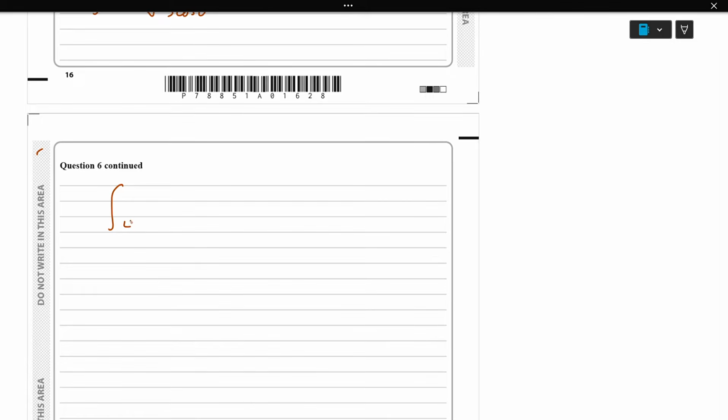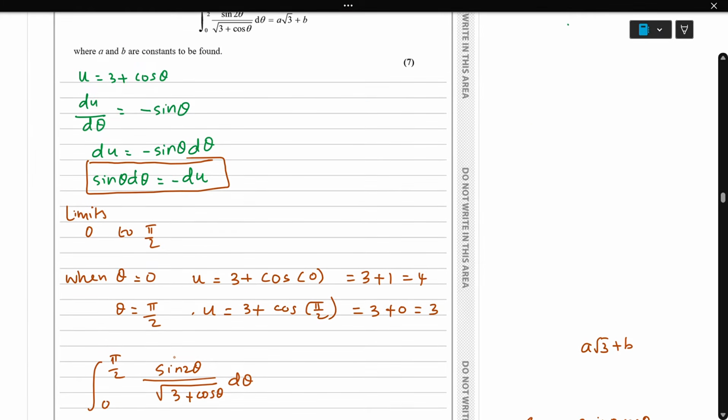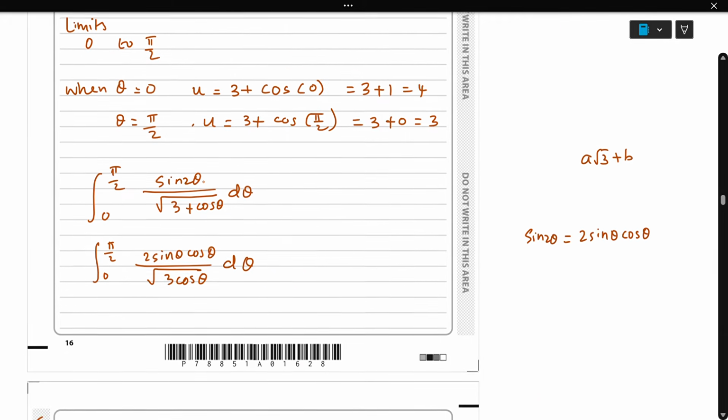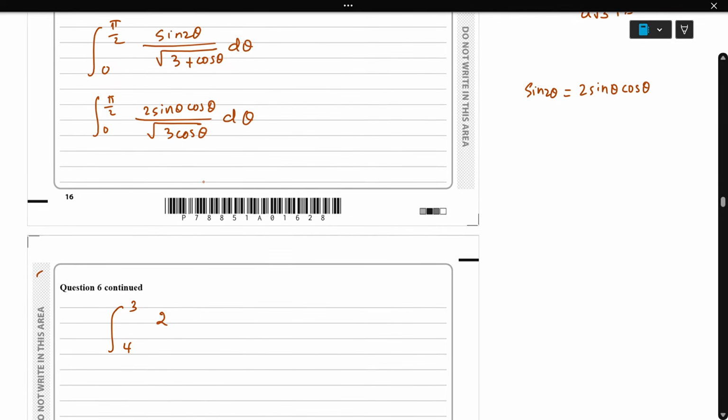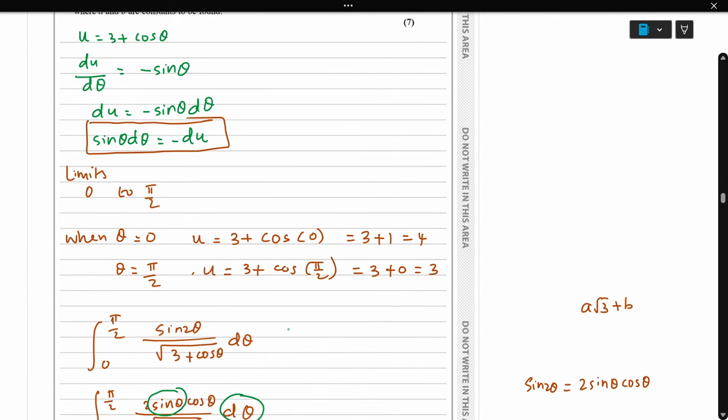Then 2 sin theta d theta, where sin theta and d theta together become minus du. We already did this here, so I am applying that.